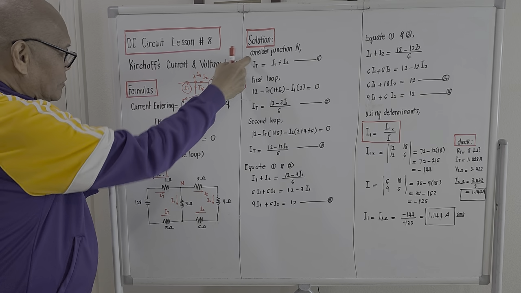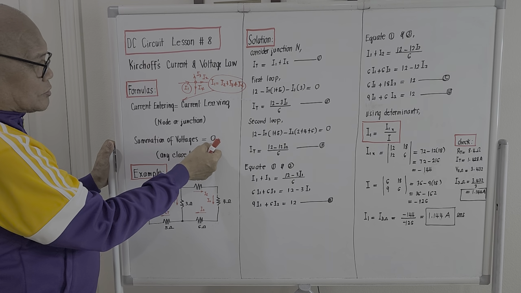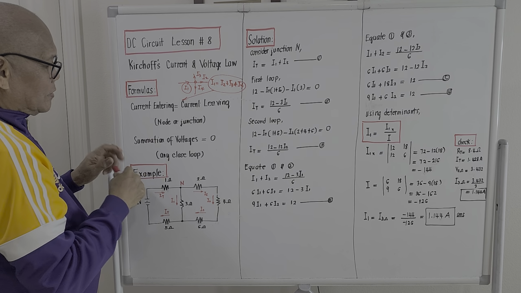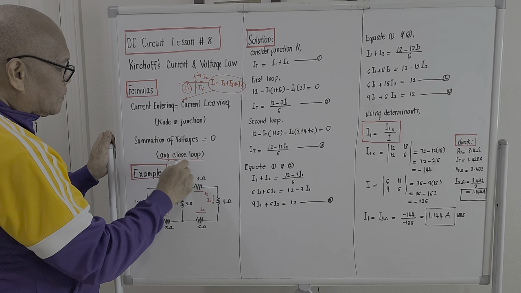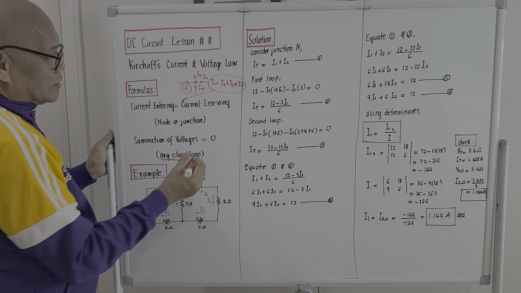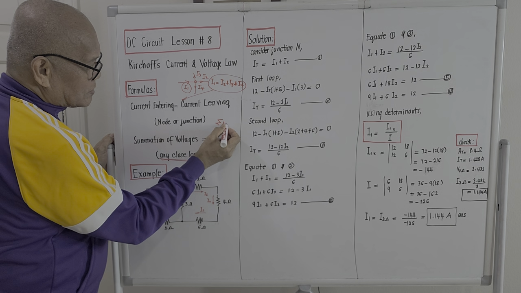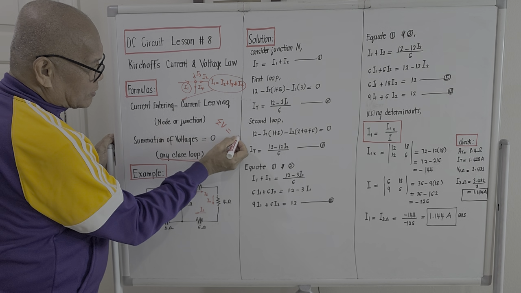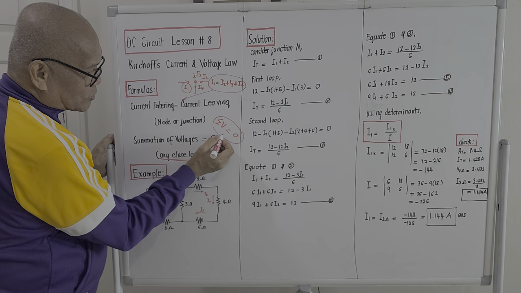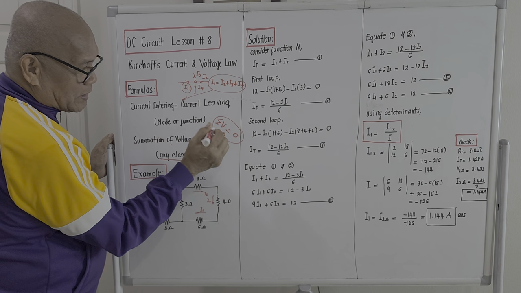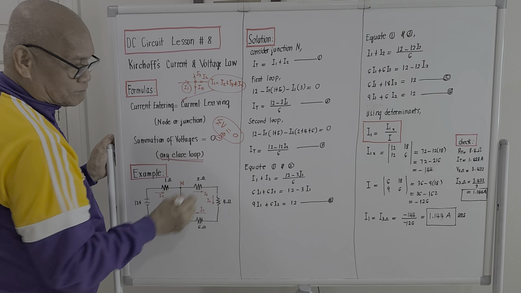Kirchhoff's voltage law: the summation of voltages should be equal to 0 considering any closed loop. Okay? The meaning of this, the summation of voltages should be equal to 0. Voltage source will be a plus and voltage drop should have a negative sign.